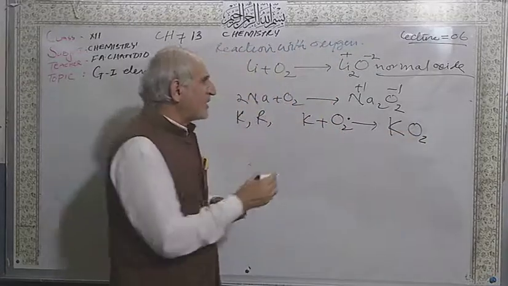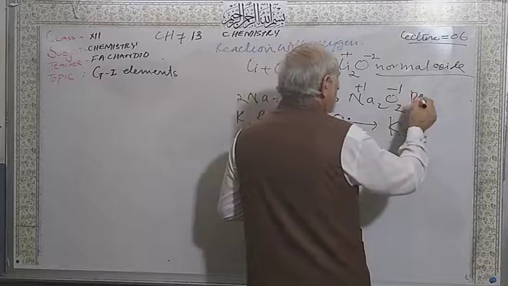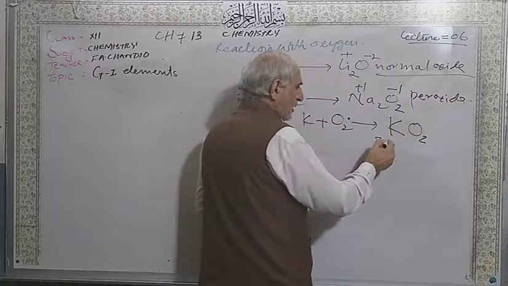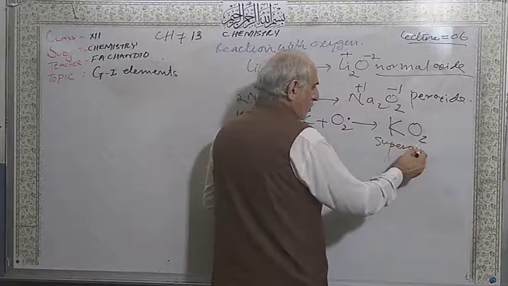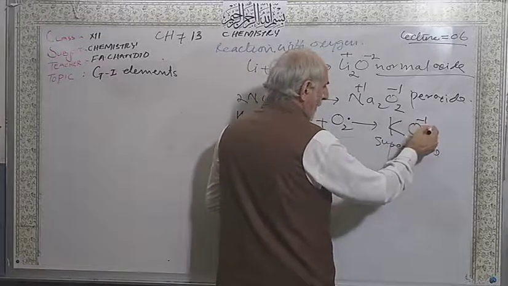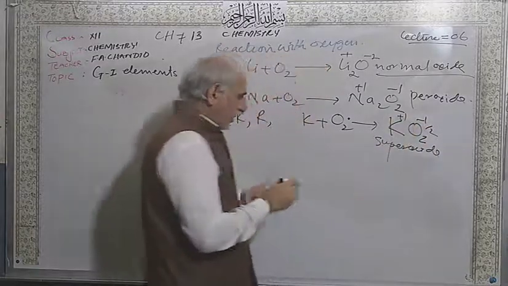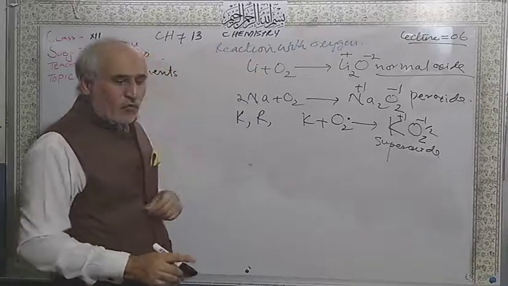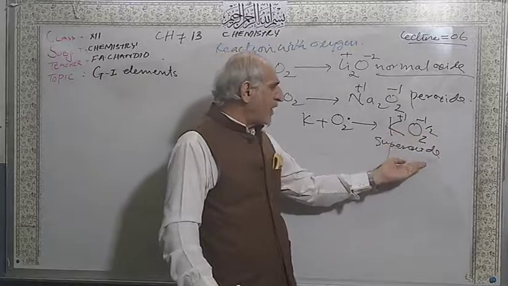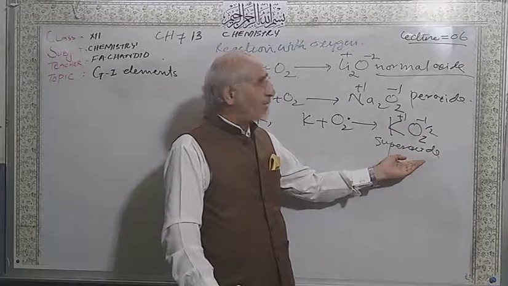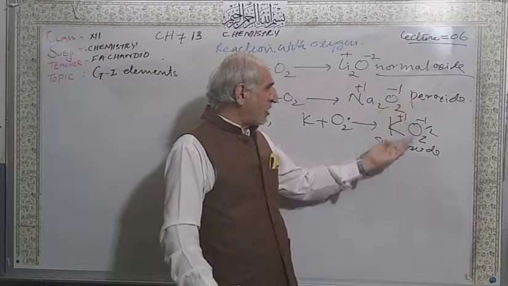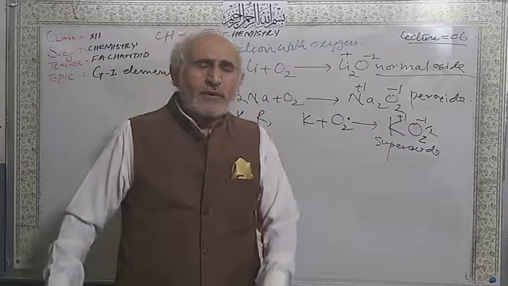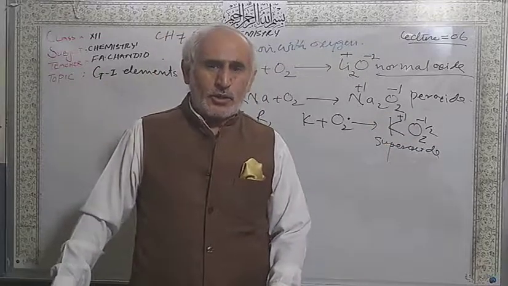This is the normal oxide, this is the peroxide, and this is the superoxide. The oxidation number of oxygen is -1/2 in the superoxide. Normal oxide, peroxide, superoxide formation is due to the increasing reactivity of elements from top to bottom.